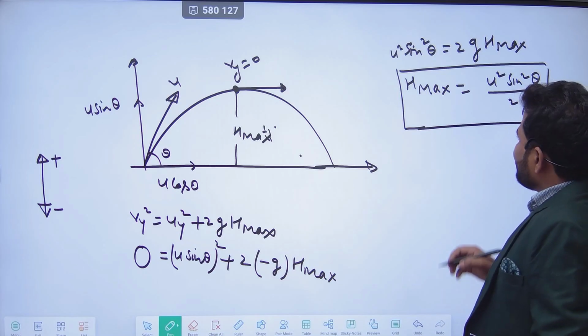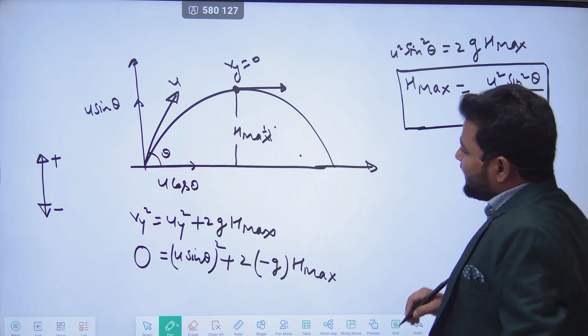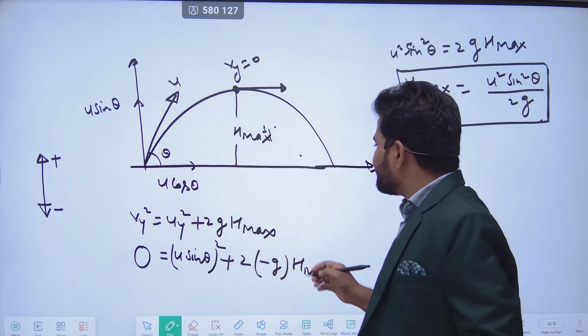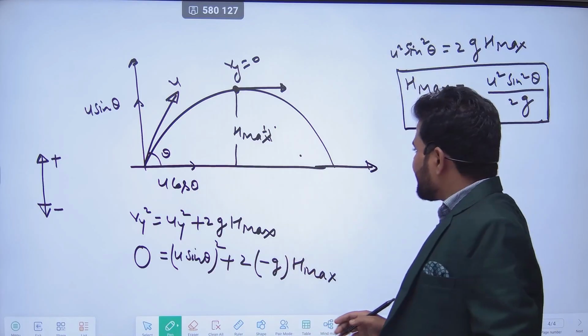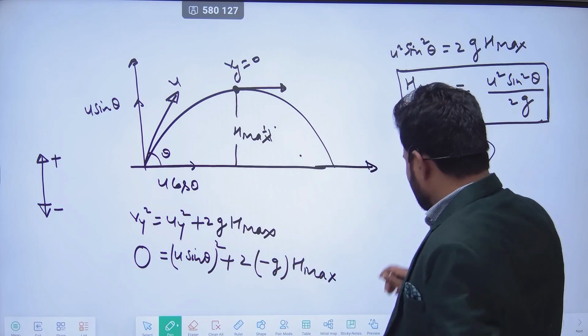Similarly, we all know that this is the maximum height for the projectile. Similarly, the third terminology, after the time of flight, is the maximum range, or range we can say, in horizontal direction. So we are going to discuss the range.